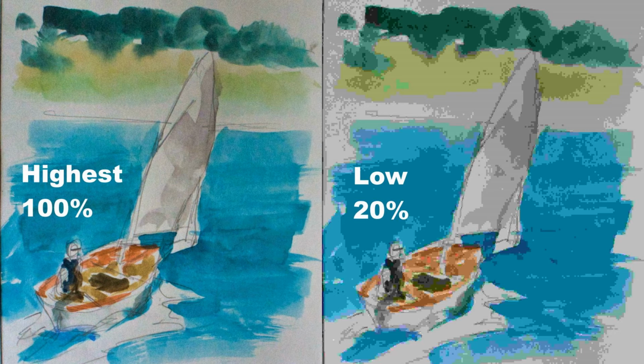It's particularly noticeable in gradual tones or tonal gradations, beautiful washes in watercolor, for instance, and you can see it produces striping where you just jump from one tonal range to another quite abruptly.